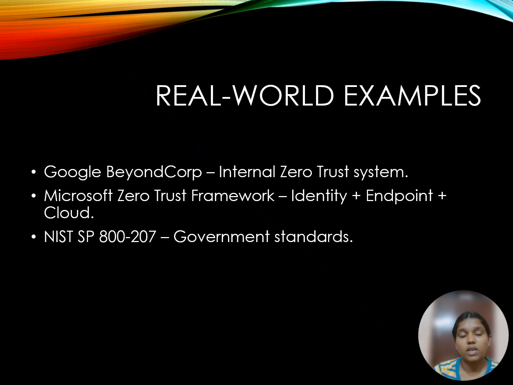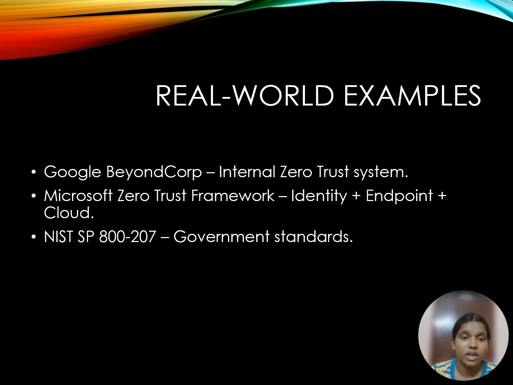Now let's look at how Zero Trust is applied in the real world. Google's BeyondCorp is one of the first large-scale Zero Trust implementations. It allows Google employees to work securely from any location without using a traditional VPN. Microsoft has its own Zero Trust framework that integrates identity management, endpoints, and cloud security.